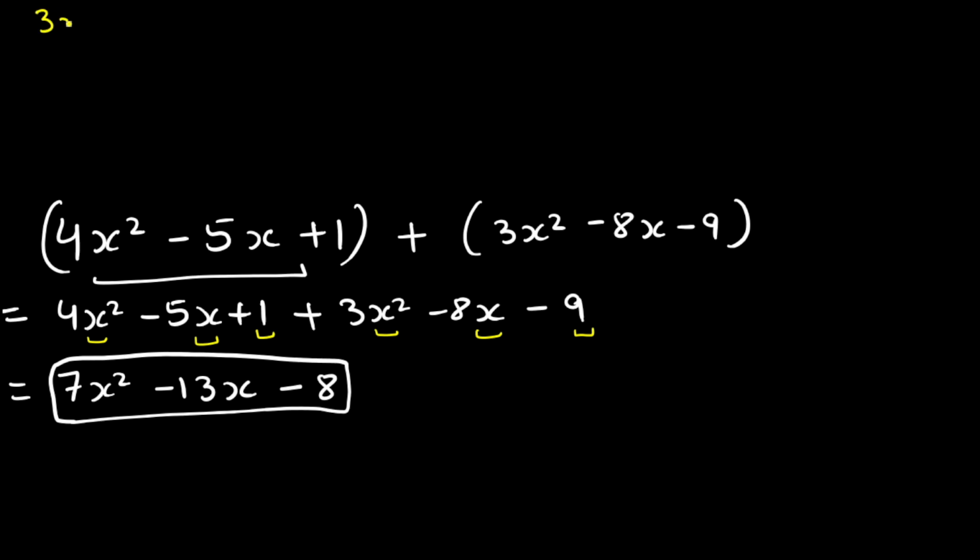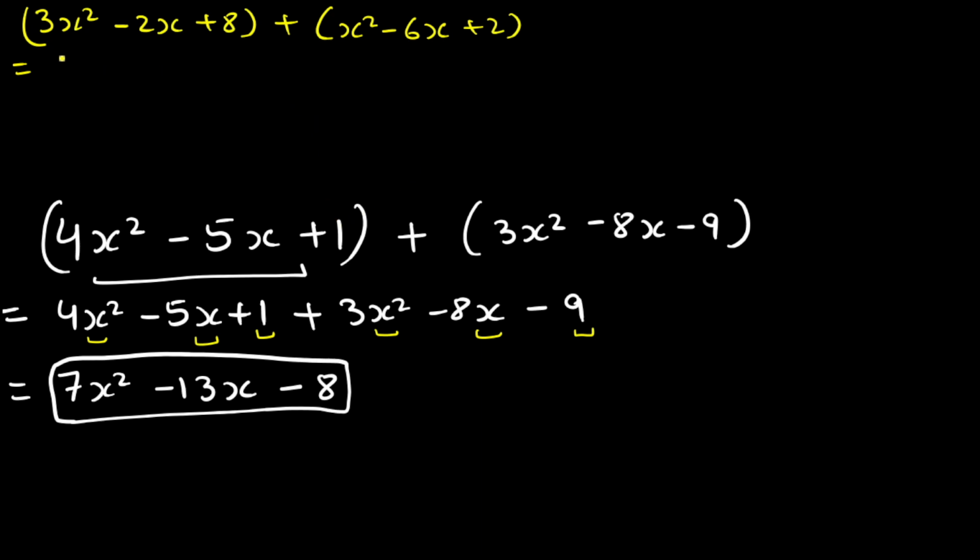It is 3x squared minus 2x plus 8 in the parenthesis, plus in the next parenthesis we have x squared minus 6x plus 2. So go ahead and solve the problem by yourself and see if you can do the next step at least by opening the parenthesis, and then we will solve it together.